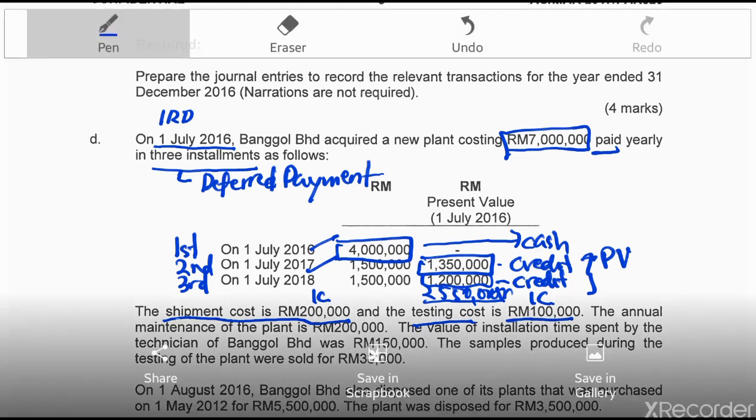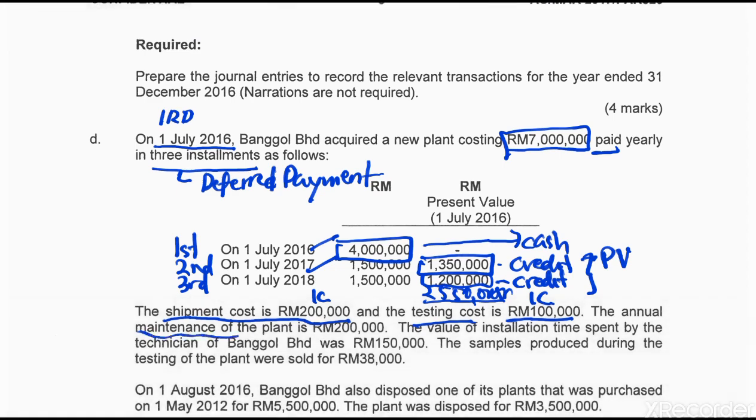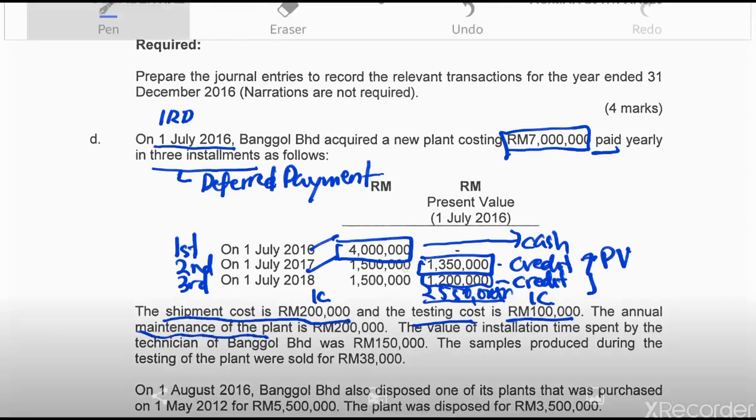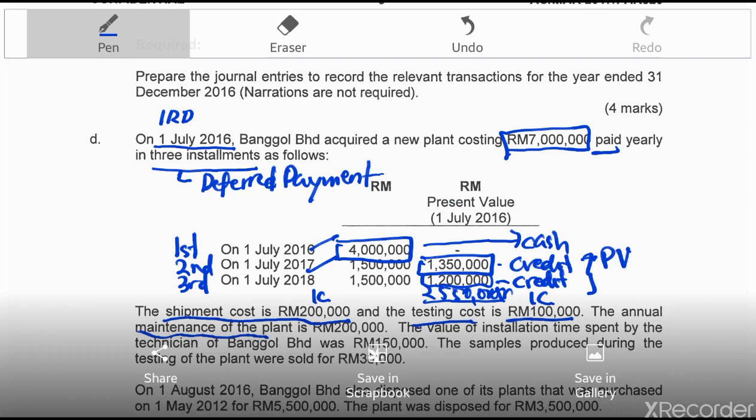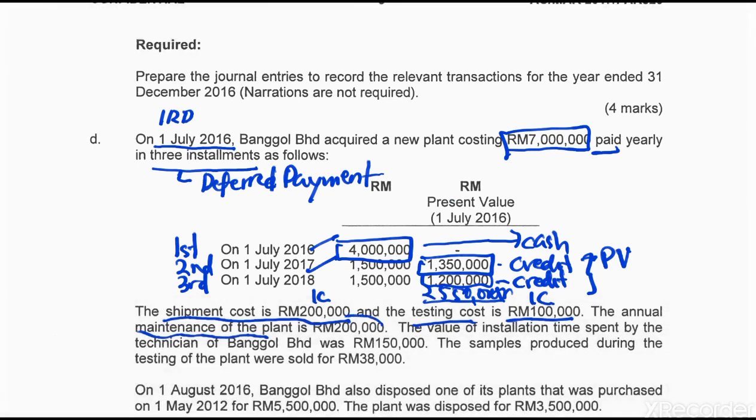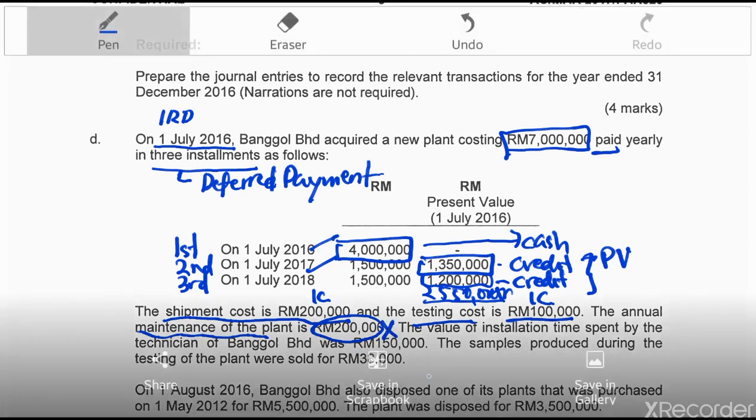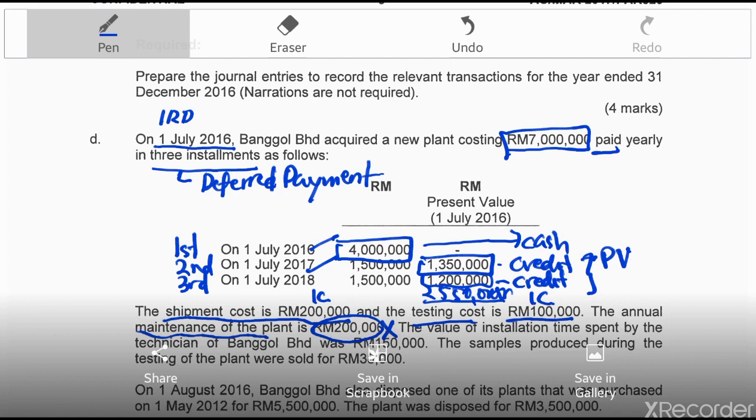Later you have some maintenance. Maintenance is just incurred to ensure it is working in its proper working condition. So this one will not be included in the initial cost, but it will be expensed off.